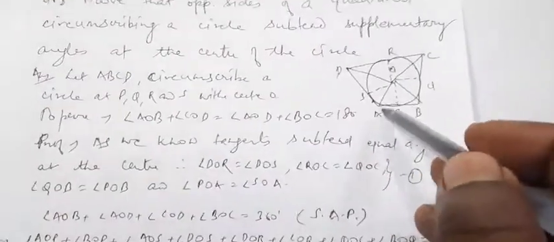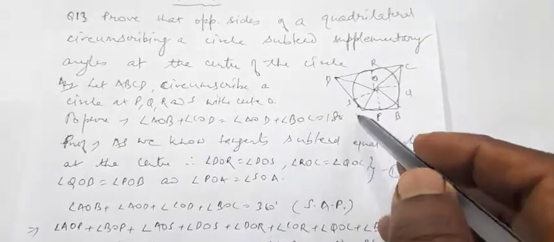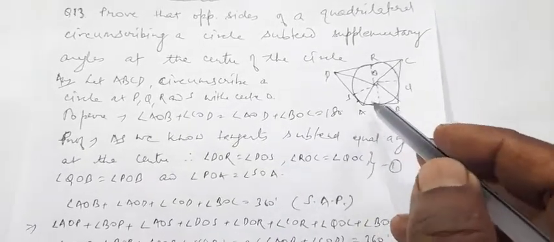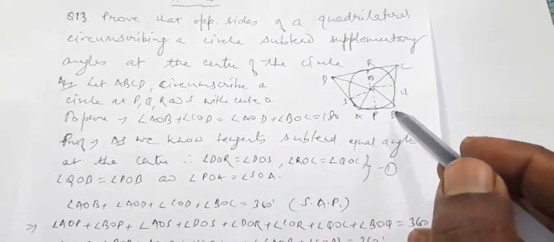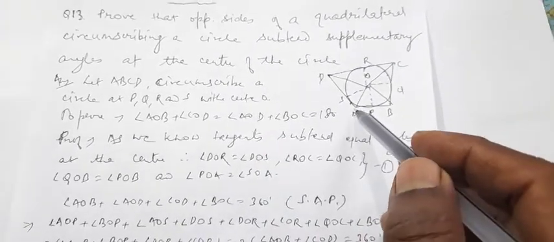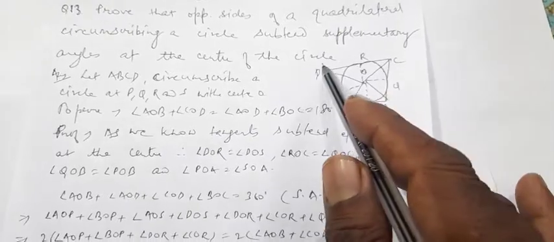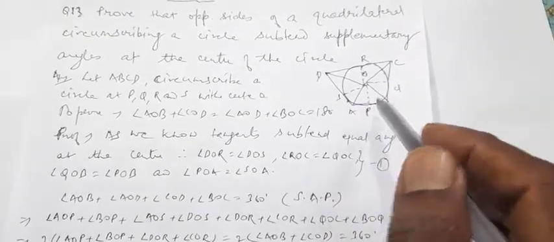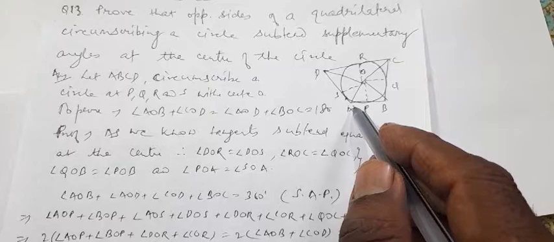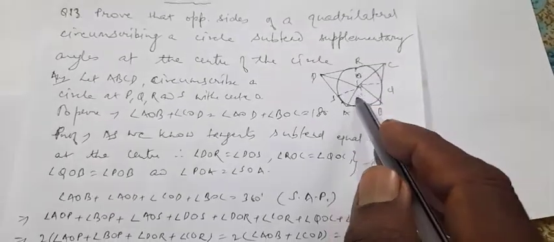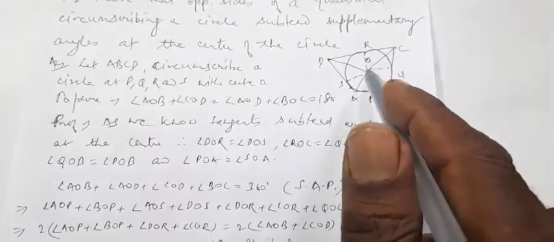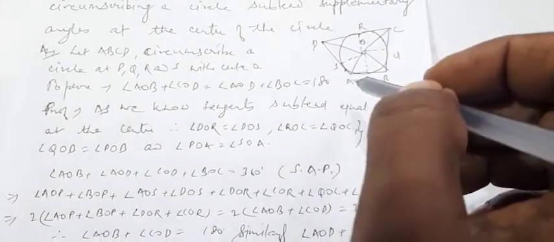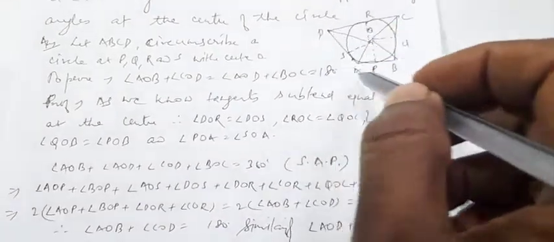Now, when this quadrilateral is circumscribing a circle, what do these vertices become? These vertices become external points from which tangents are drawn to the circle, because the circle is touching the sides of the quadrilateral.